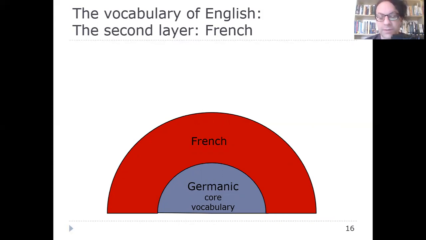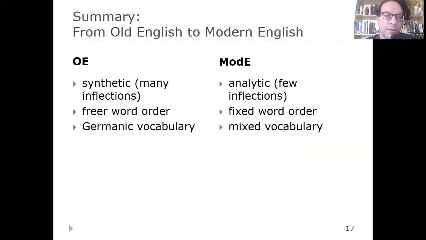So those words also existed or sometimes still exist in their Germanic form, but now we have a second layer coming in. So these words that are derived from French are also very, very close to what you could call core vocabulary. So they're very important words in the English language today, and there's thousands of them.